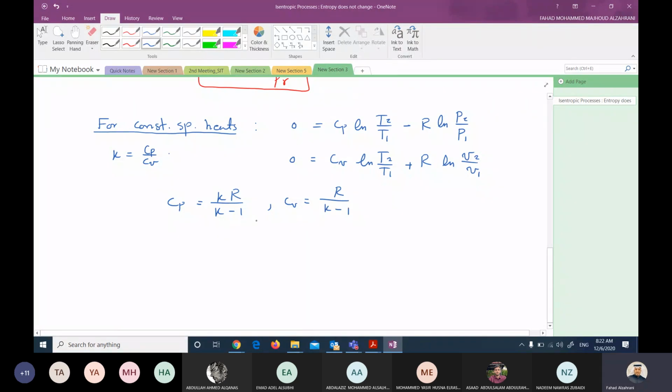Okay, and then if I use the ideal gas relations along with these, I can find relations like that. T2 over T1 equals P2 over P1 to the power k minus 1 over k. Shabab, this is just a reminder from before, yeah. Okay, V1 over V2 to the power k minus 1.